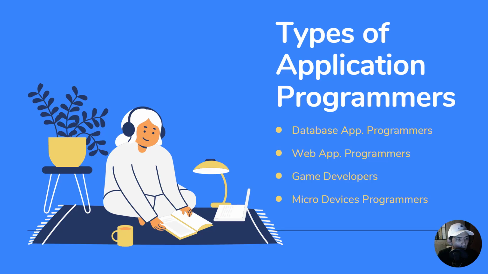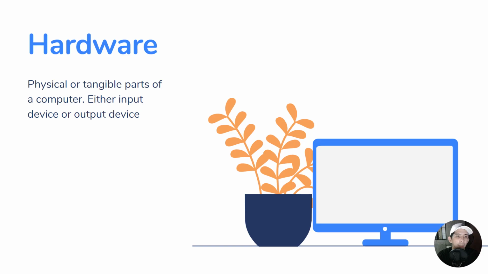Okay? So hardware, this is pretty much obvious kung ano ba ang isang hardware. Because why obvious? Because it is the physical or the tangible parts of a computer yung nahahawakan natin. Like mouse, keyboard, monitor, printer, scanner, speaker, and many more.